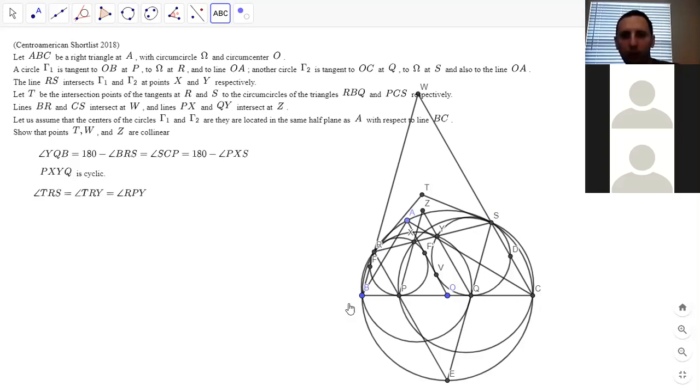So I think you said RPB is SCB, right? Yeah, they're parallel. How do we know they're parallel? Oh, I think that's probably just because we know R is the midpoint of arc AB. And we know E is the midpoint of arc BC.